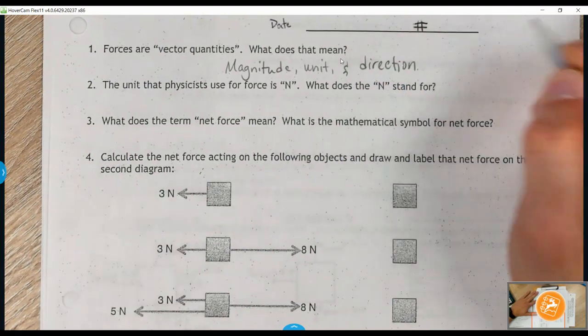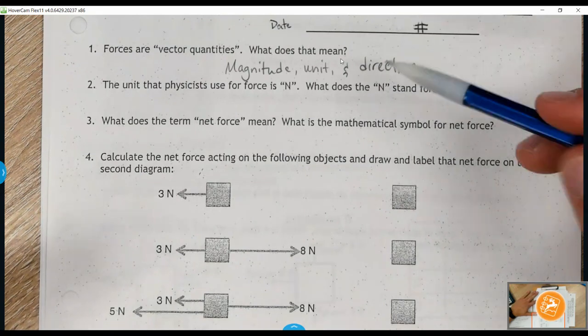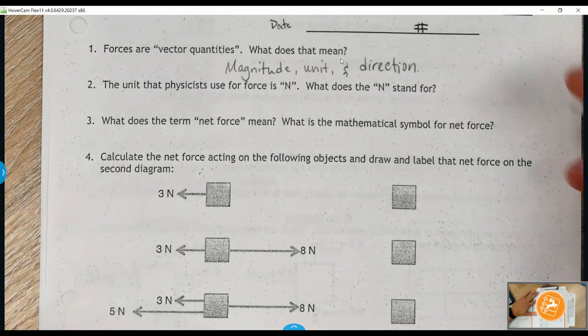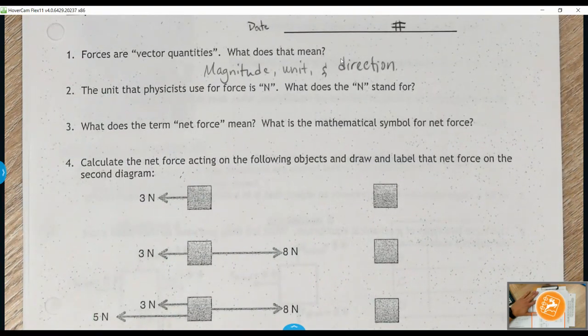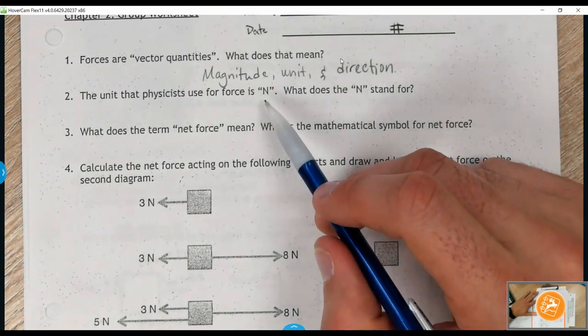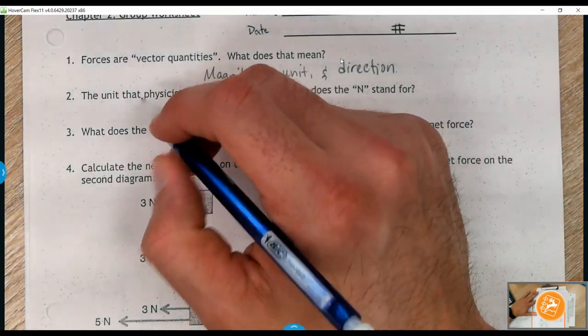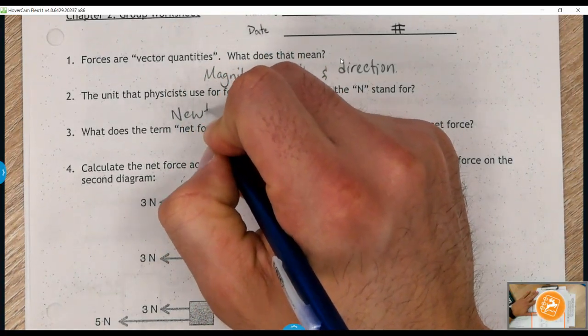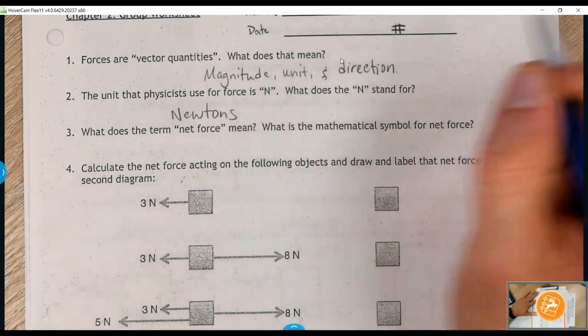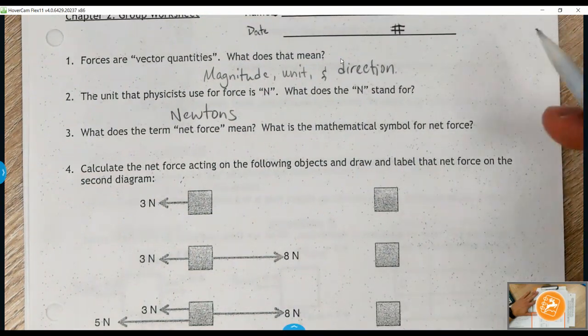So displacement is a vector quantity. Velocity is one of them. Acceleration is one of them. So are forces. What unit do we use for force where the symbol is capital N? Newtons. It's the Newton, or newtons, capital N.